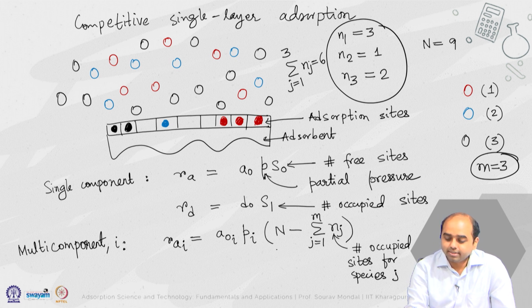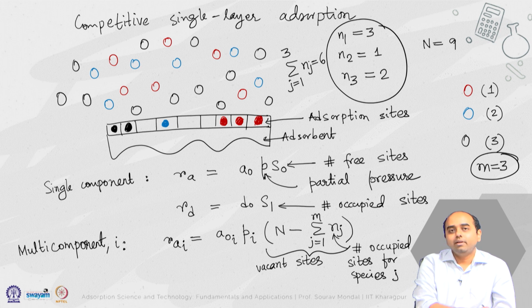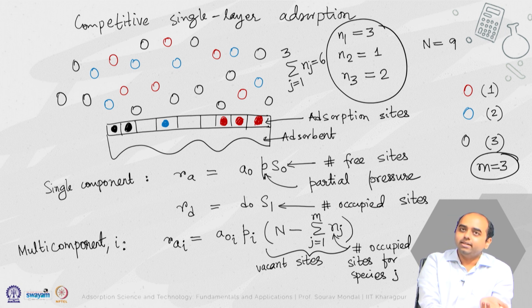So, effectively this represents the total number of vacant sites available for adsorption of any particular species. Within these 3 vacant sites, the blue, the red, the black, any species represented by i can occupy any of the vacant sites.